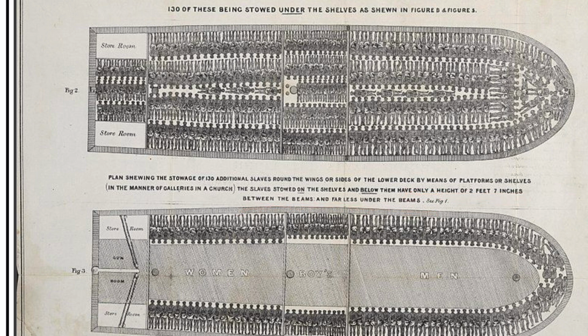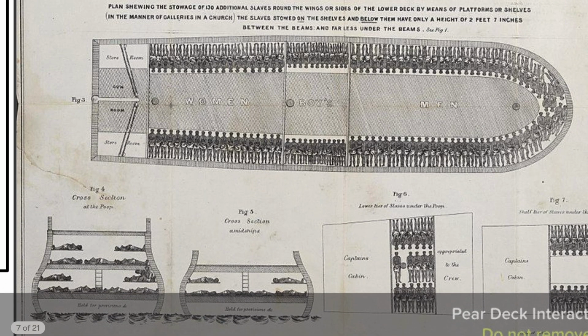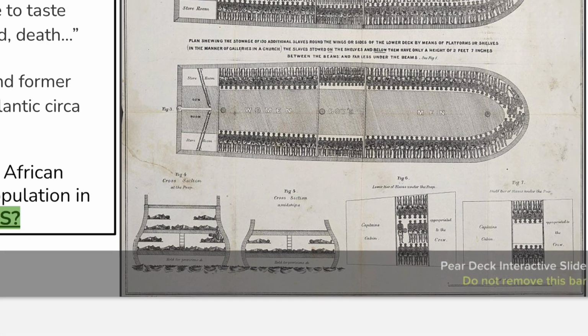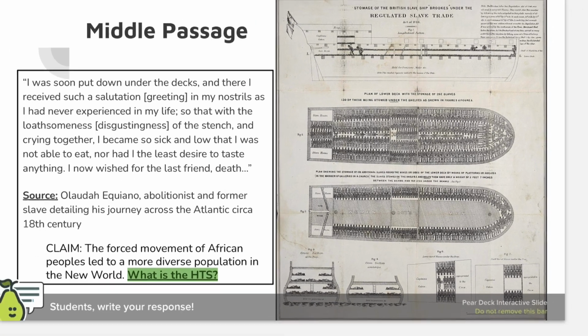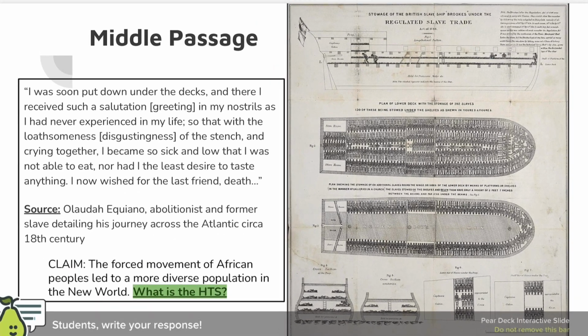And so we're going to see that this is showcasing the inhumane conditions of the Asiento, or even here at the bottom of this source, it shows how people were stacked literally end to end and on top of one another in like platforms in order to maximize the number of people that were forced over the Atlantic Ocean into the New World, which we know this was started by the Portuguese because it's the Asiento. So Europeans taking the African population to the New World in very inhumane conditions.